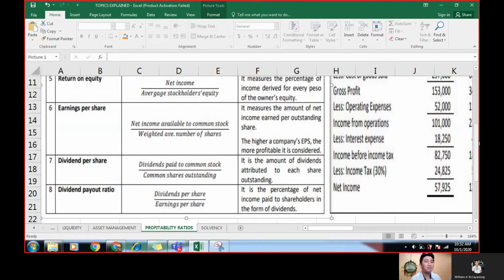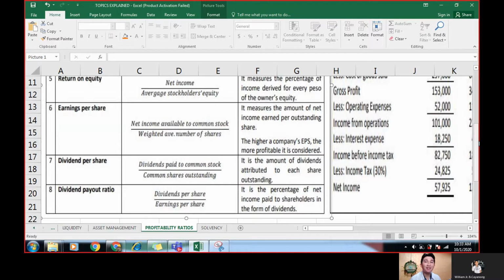It measures the amount of net income earned per outstanding share. Later we are going to have a problem with this for you to imagine what EPS, or earnings per share, is. The higher a company's EPS, the more profitable it is considered. Always remember that.